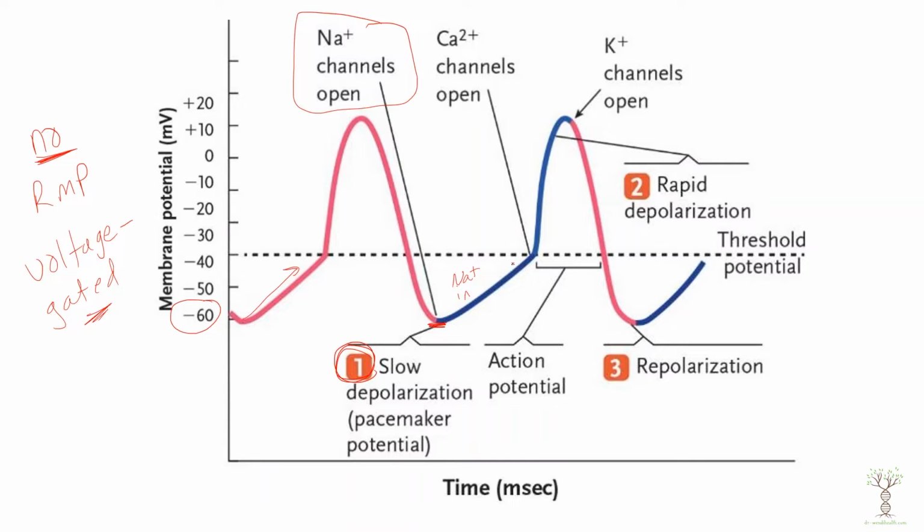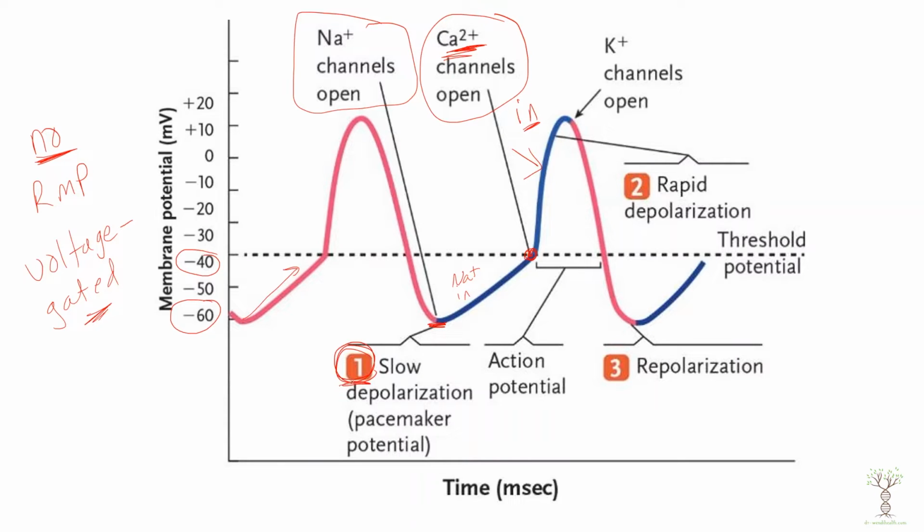As the positive charge reaches this threshold level, which is actually about minus 40 now and not minus 55, that is going to trigger calcium voltage gated channels. Now the calcium voltage gated channels are going to open, and that causes the action potential. Calcium is going to move in, bringing a lot of positive charge in. So that is significantly different from an action potential in a neuron. Calcium does not play a role in the action potential in a neuron.